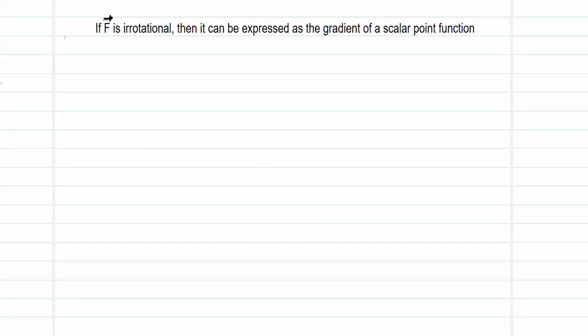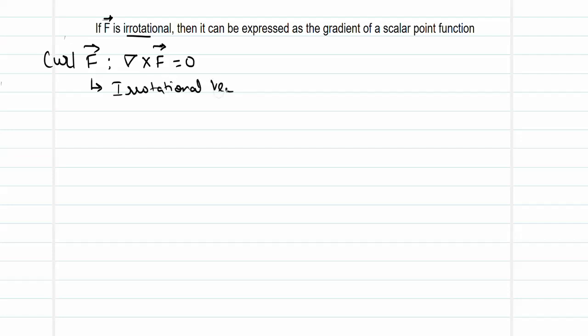We say that if f is irrotational, then it can be expressed as the gradient of a scalar point function. What do we mean by this? When the curl of your f vector, that is del cross product with f vector, becomes equal to 0, then this f vector is called an irrotational vector.